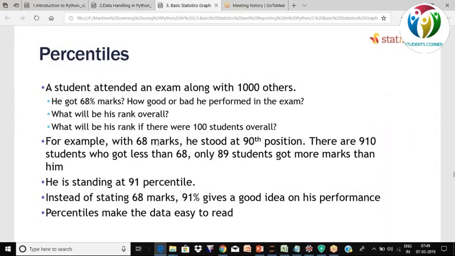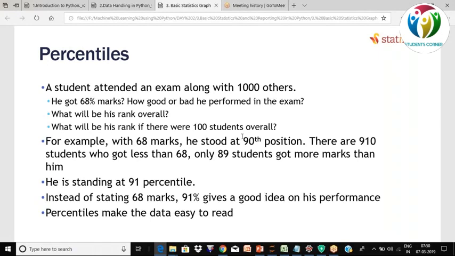for example, with 68 marks, he stood at 90th position. So what does this mean is, there are 910 students who got less than 68. Ramesh is saying audio is not clear.